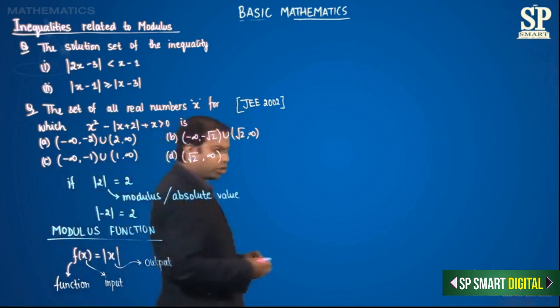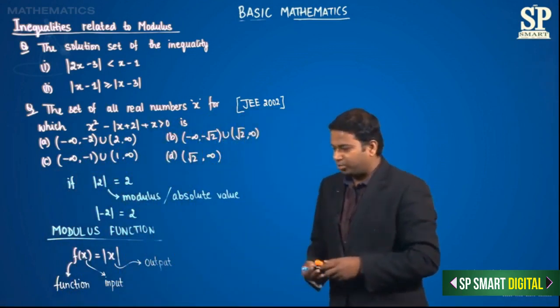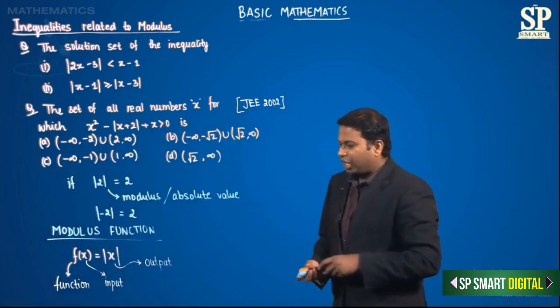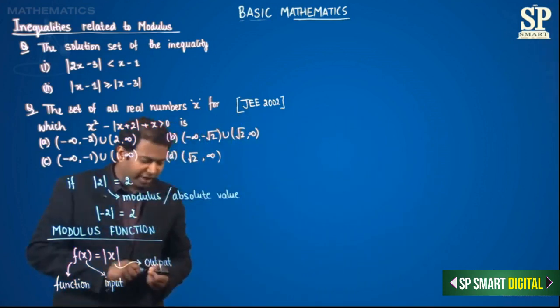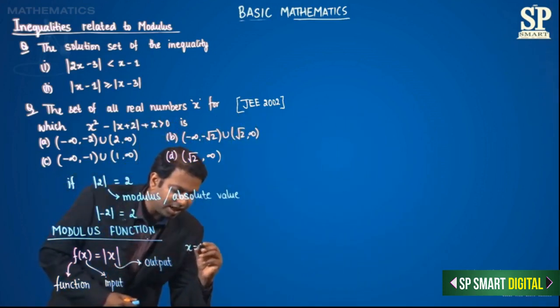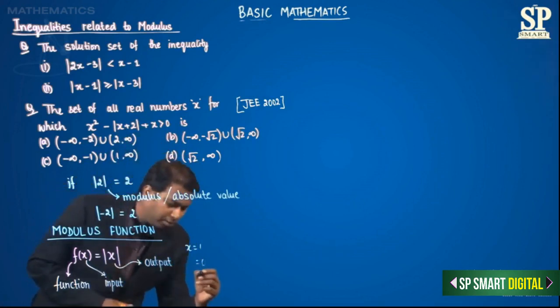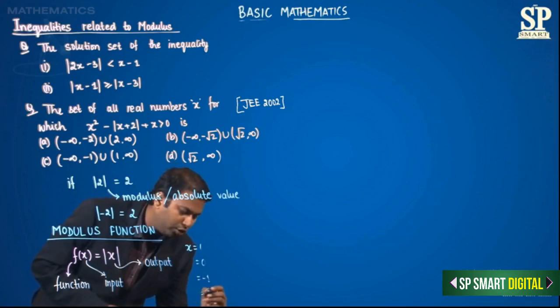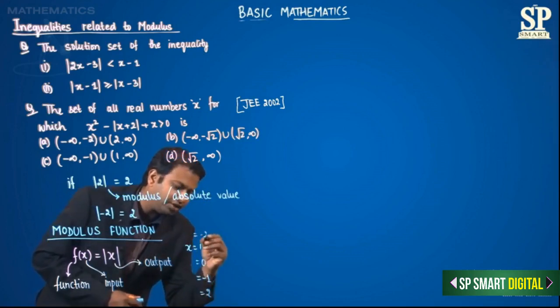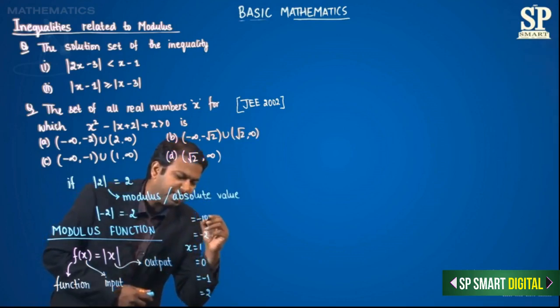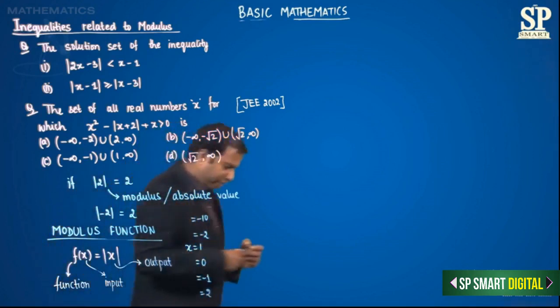Let me give you a small understanding of this. Suppose we take the value of x as 1, 0, -1, 2, -2, or 10, any number.